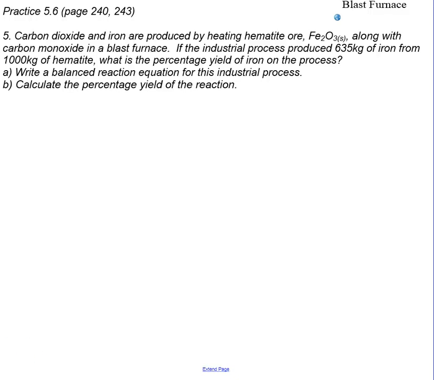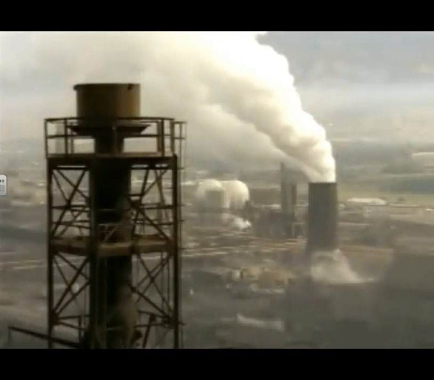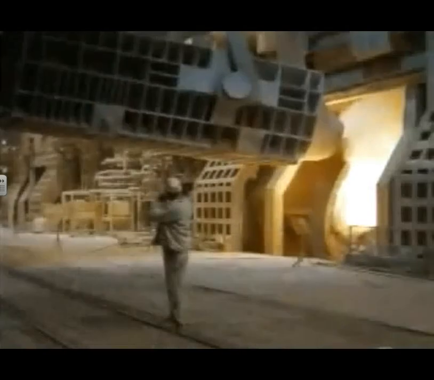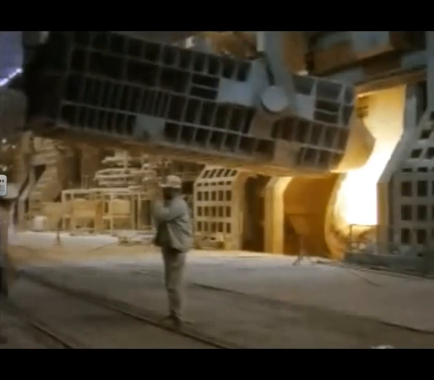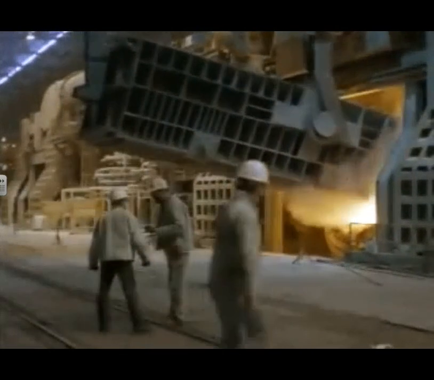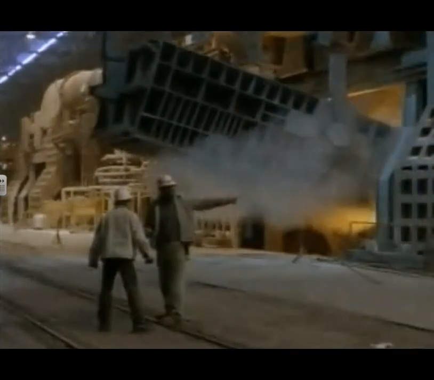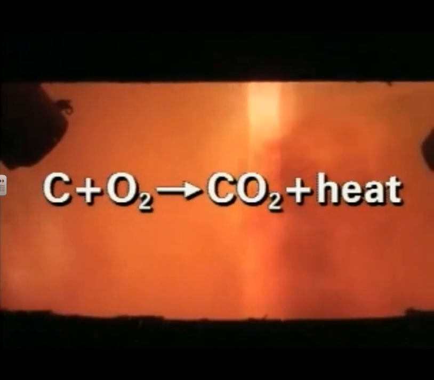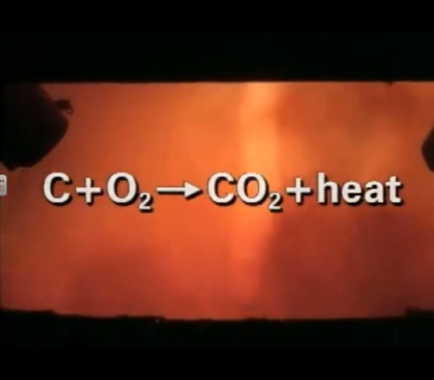Let's have a look. The modern blast furnace consists of a giant stack lined with fire brick. Iron ore, usually in the form of iron 3 oxide, is continuously fed into the top of the stack along with coke and limestone. As the material moves down the stack, a blast of preheated air at 1,000 degrees Celsius rises through the stack, burning the coke to form carbon dioxide and heat.